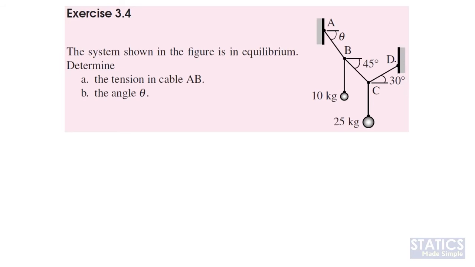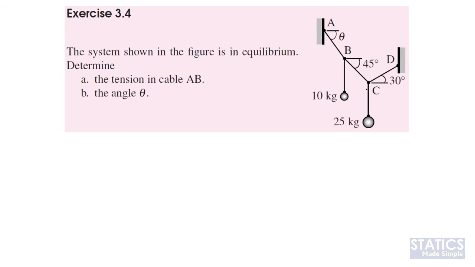We can choose to draw a free body diagram at point D, C, B, or A. For D, we can do a free body diagram, but it's probably not so useful. The best point to start is point C, because when we start with point C, we know the force attached at point C. We also know the angle for cable CD and also the angle for cable BC.